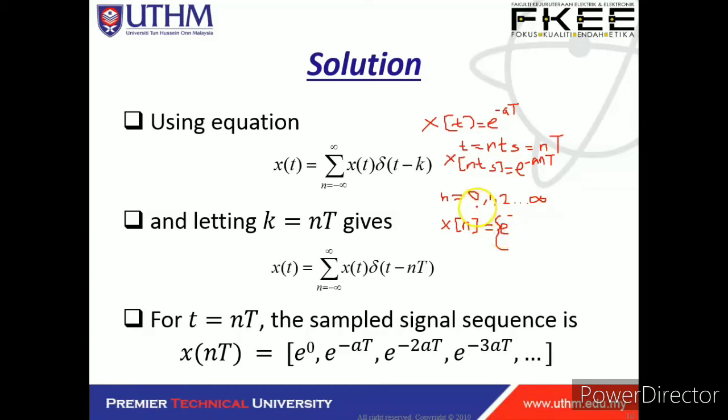So we will get the list of x(n). For the first one, we change to n equals to 0. So we have exponent 0. And then when n equals to 1, we will have exponent negative a capital T. And then when we have n equals to 2, we have exponent negative 2aT.